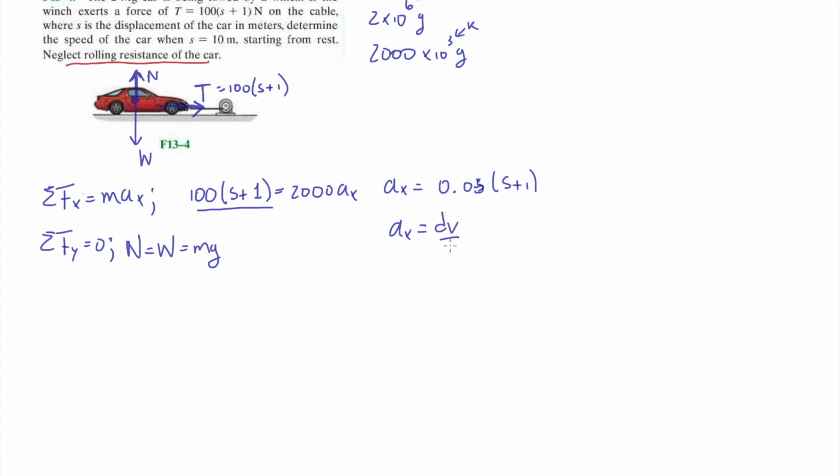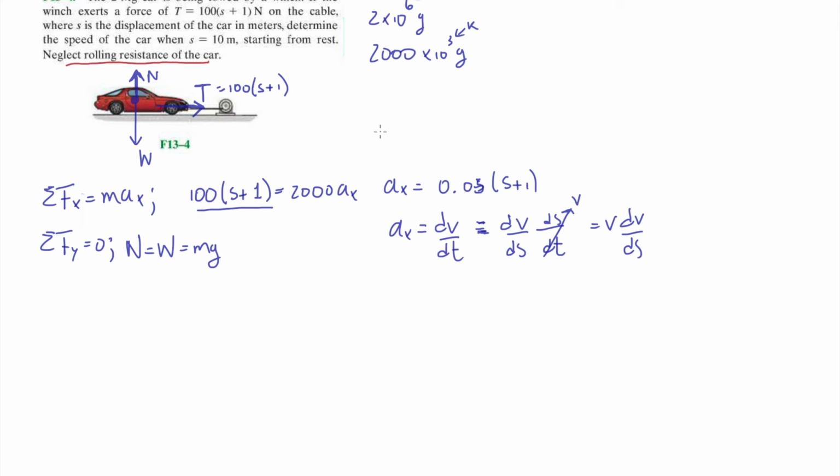This is the basic differential format of the acceleration term, but because we're dealing with space and not time, it's not time dependent, so we're going to switch this over using the chain rule. We say this is ds, ds dt is just v, velocity, and that leaves us with v dv ds.